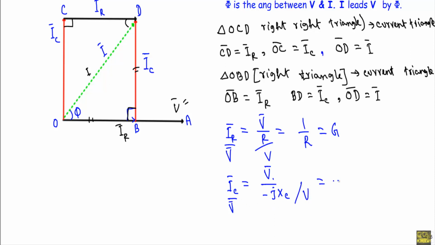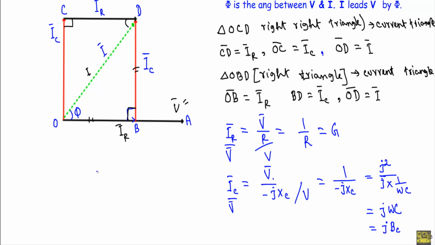Now see, 1 over minus j is equal to j, and here XC is 1 over omega C. Therefore you will see we will get j omega C. That means I will get jBC.